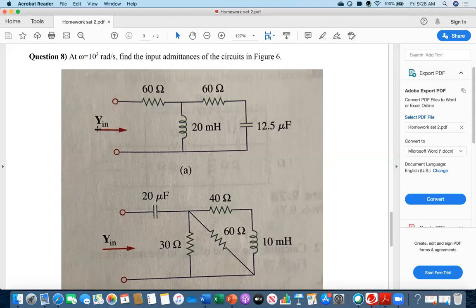The same thing when you are manipulating, for example calculating this plus this and then parallel: you may need many conversions from polar to rectangular or whatever you need, so please do that.